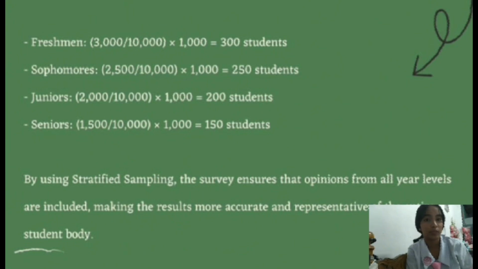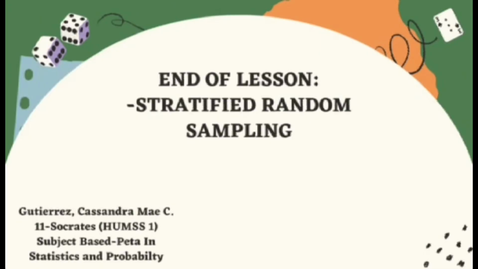Juniors, 2,000 divided by 10,000 times 1,000 equals 200 students. Seniors, 1,500 divided by 10,000 times 1,000 equals 150 students. By using stratified sampling, the survey ensured that opinions from all year levels are included, making the result more accurate and representative of the entire student body.